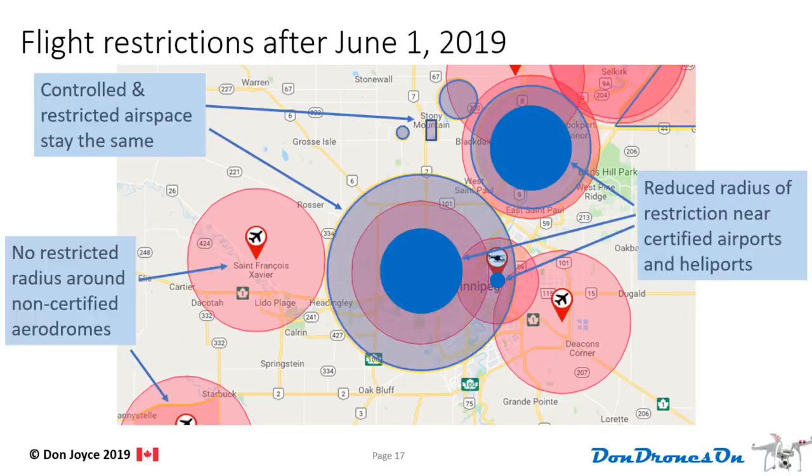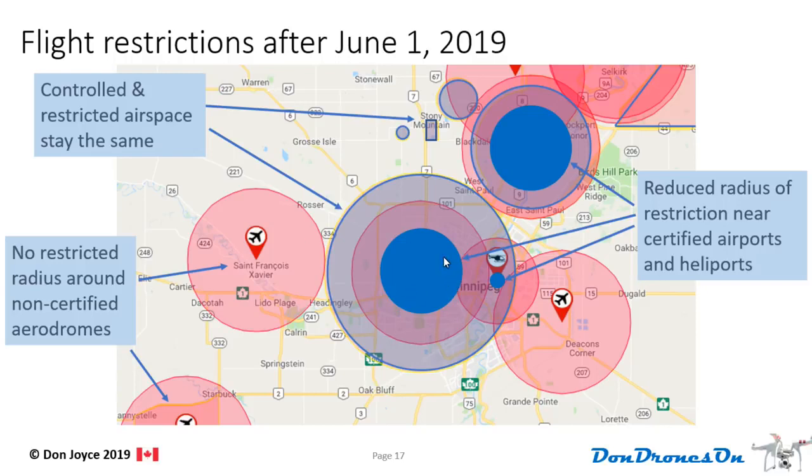Now, with the new regulations in effect, only these blue areas are actually, I'll say, restricted in some way. So St. Francois Xavier and whatever this one is down here, and Deacon's, I don't remember what this airport is, but whatever this airport is, these are no longer restricted areas at all. They're non-certified aerodromes. One of these is a glider aerodrome, in fact.